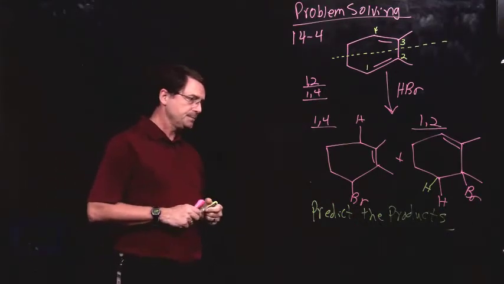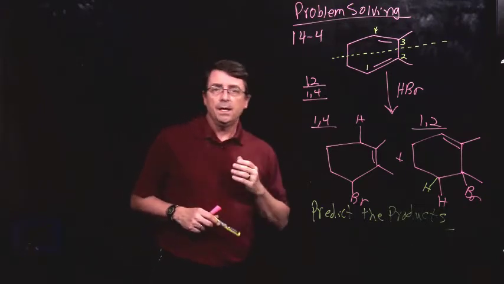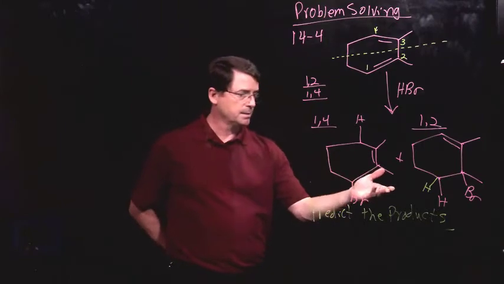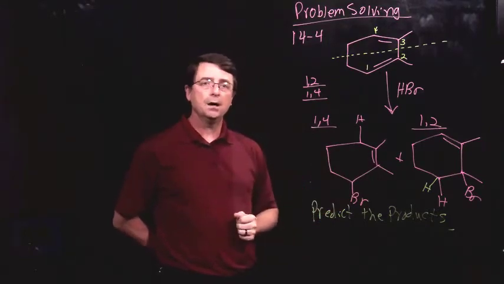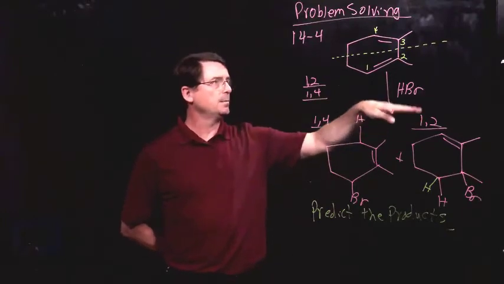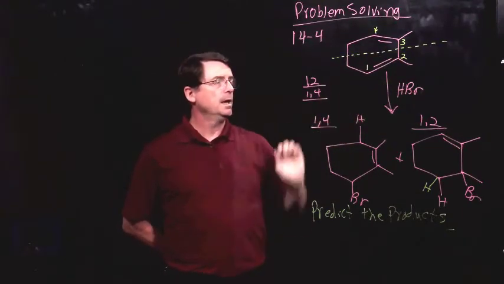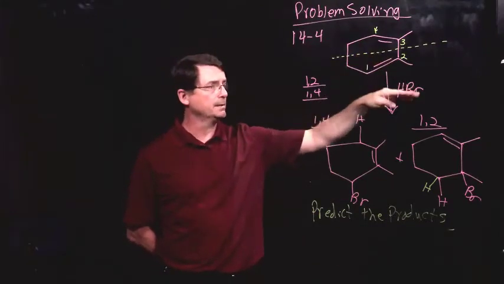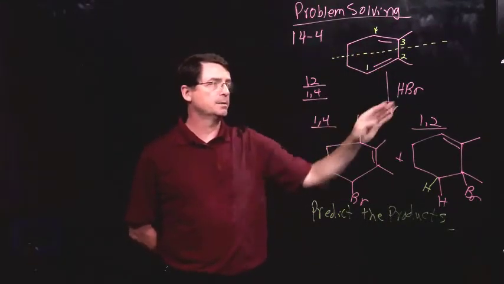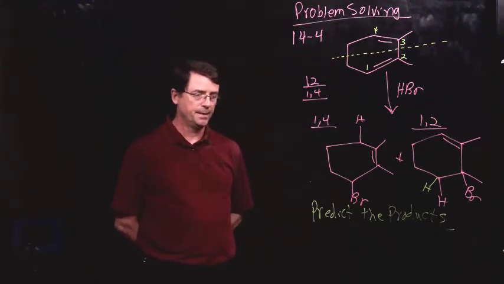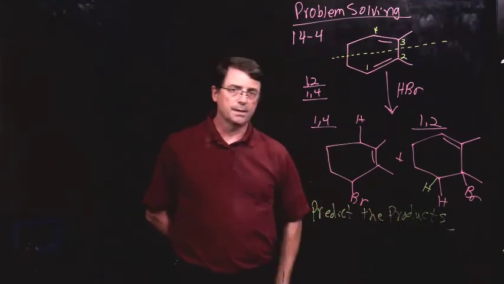Now, when we say predict the products, we actually mean not only predict the products, but we mean two other ways of looking at this problem. So we were given this problem as starting material and a reactant, or reagent, and here's our reagent. Our reagent was HBr. And what products would we expect to obtain? Now that is directly predict the products.